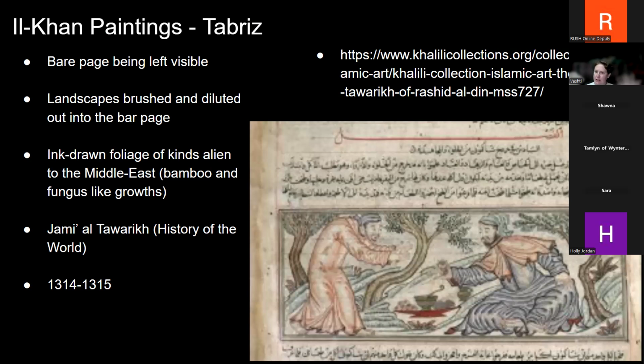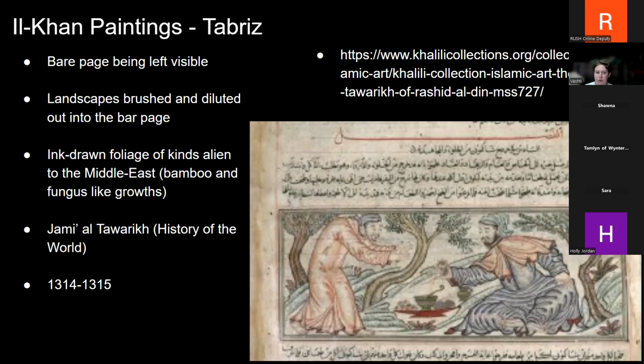So you'll have tree branches that extend out. And we get lots and lots of fauna in these paintings that are not typical in Persia or even in the Middle East in general. We'll get clearly things that look like bamboo or things that look like certain types of flowers that just aren't seen in that landscape.